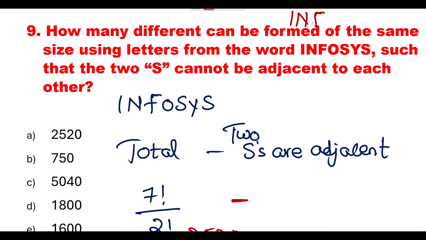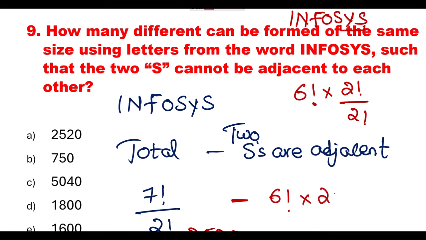The remaining 5 letters plus 1 gives 6 units, so 6 factorial ways, and the S can be arranged internally in one way only. So 6 factorial into 2 factorial divided by 2 factorial, this cancels. 6 factorial is 720. Remove. Answer is 1800.